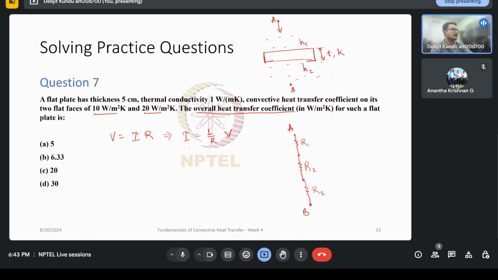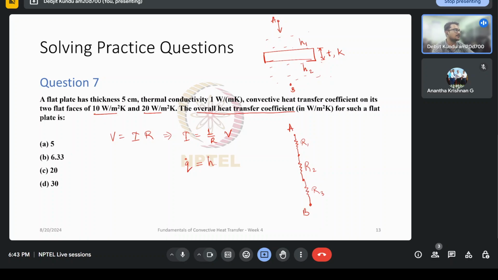Analogous to current in heat transfer is the heat flux, which is Q dot double prime, or just Q dot. And 1 over R, the conductance, is the heat transfer coefficient, actually, heat transfer coefficient into area.